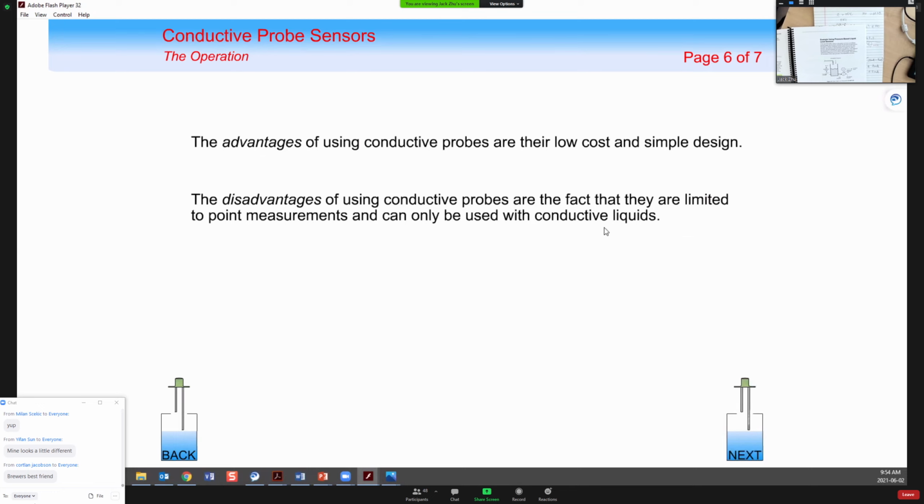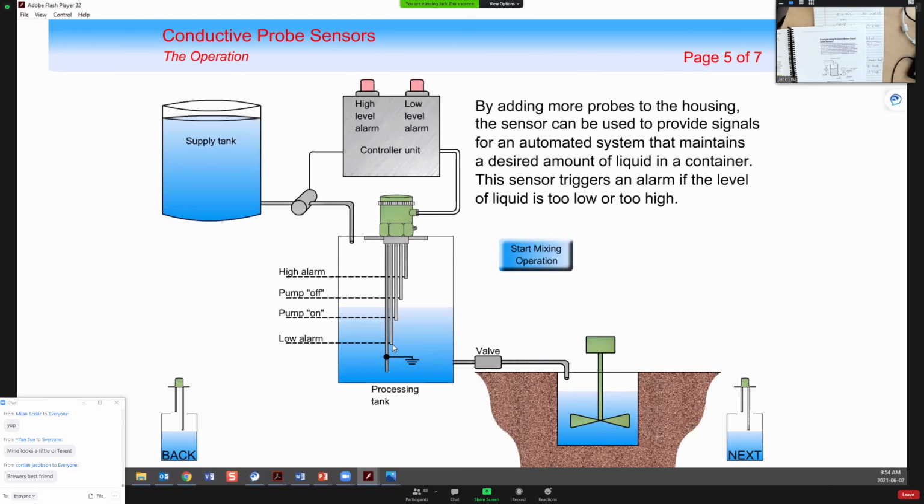Because of those probes you put down there, depending on how long the probe is or how deep you put it into the container, they're not going to give you a continuous measurement. They will only tell you if the liquid level is too low or too high, so here you can turn the pump off, or here you can turn the pump on. So it only works between the two probes.